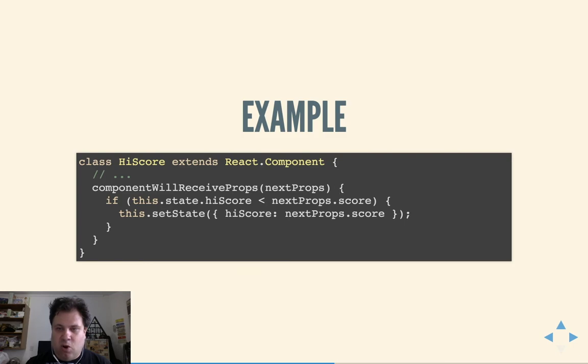If the score that we're receiving is actually greater than the present score, then we want to set state with the new high score being the score that we're receiving as props. This way, this component will always display the highest score that we have received so far via the prop. Very cool.